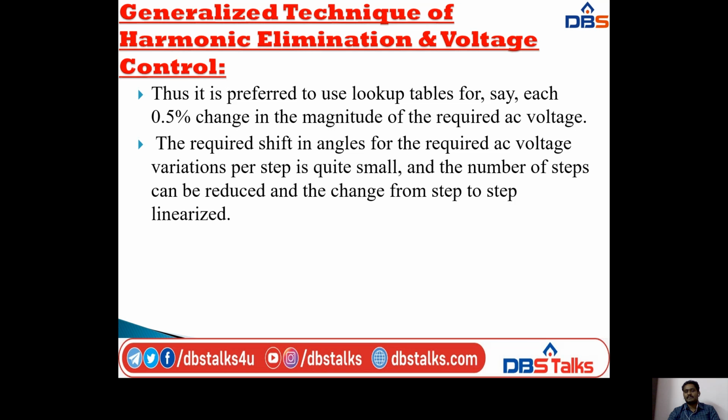The required shift in angles for the required AC voltage variations per step is quite small, so the number of steps can be reduced and the change from step to step is linearized.